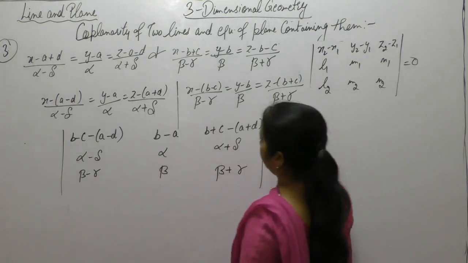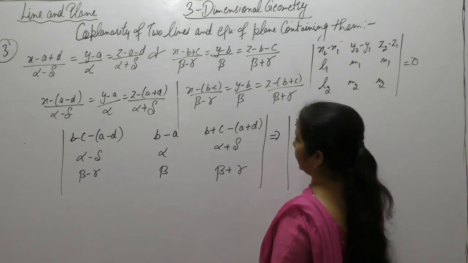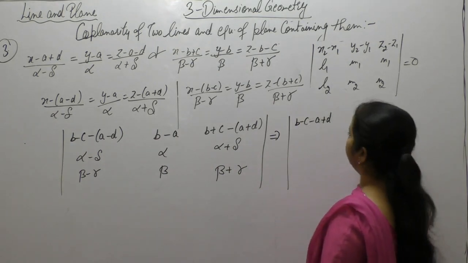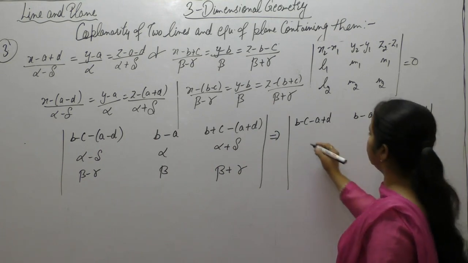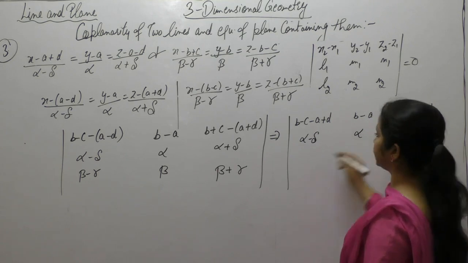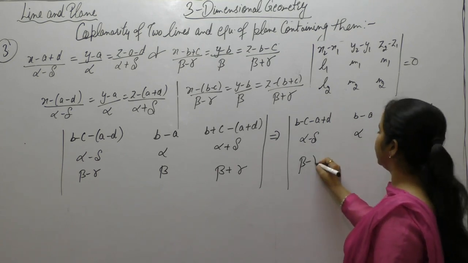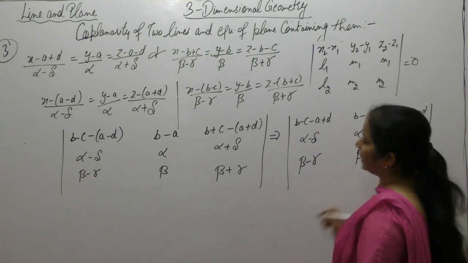Now this will be equal to b minus c minus a plus d, b minus a, b plus c minus a minus d, alpha minus delta, alpha, alpha plus delta, beta minus gamma, beta, beta plus gamma.